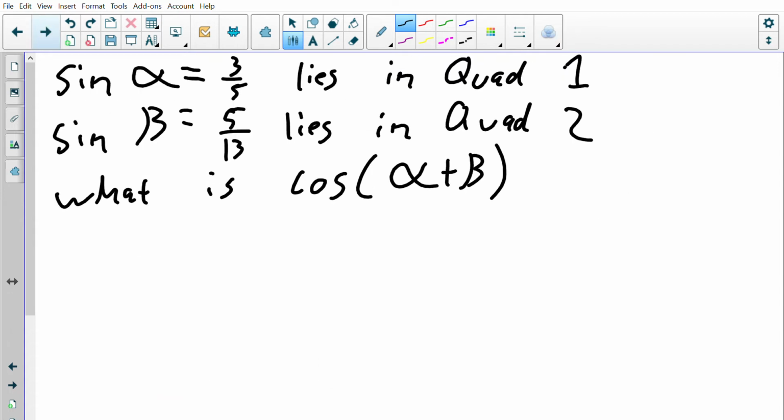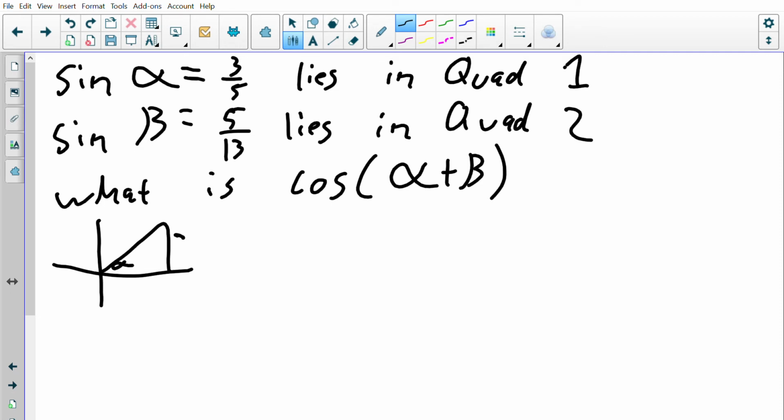Okay, so a question that they could ask is, given that sine alpha is in quad 1 and sine beta is in quad 2, what is cosine of alpha and beta added together? So what that means is for sine alpha, it is in quad 1. So that means there's a triangle in quad 1. And then alpha.